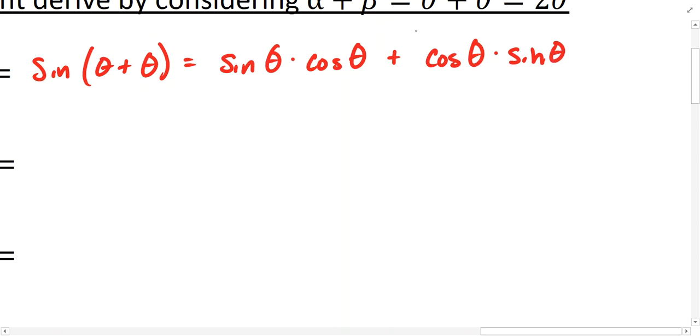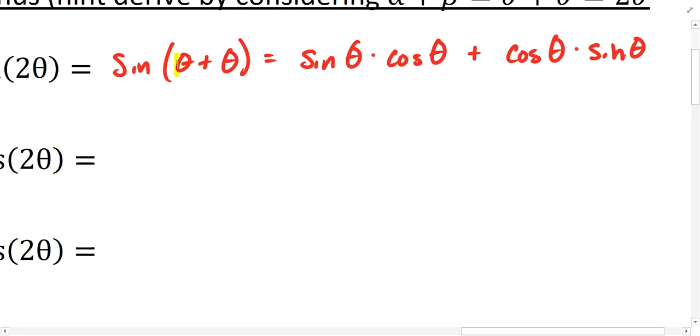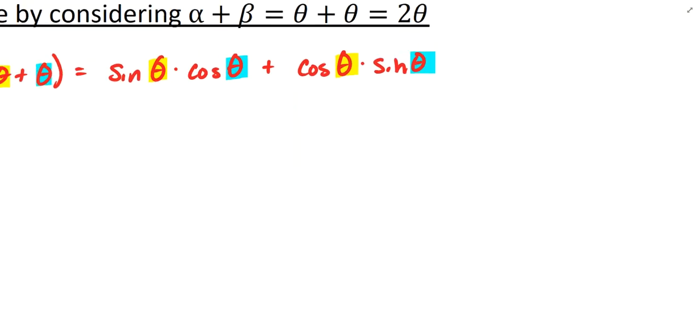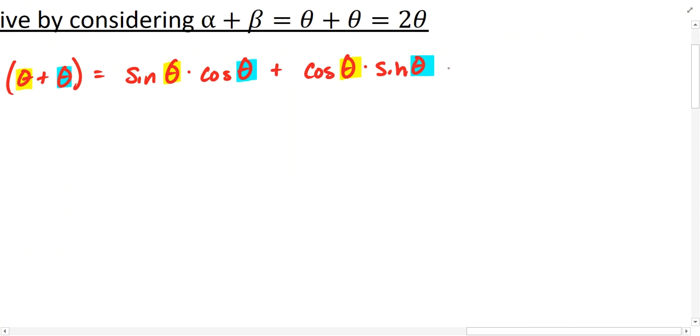I'm using theta each of these times because theta was the first angle and theta was the second angle provided to us in this problem. So this does follow precisely the format of the additive identity for sine, so we're in good shape there.